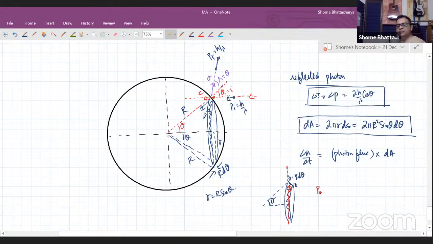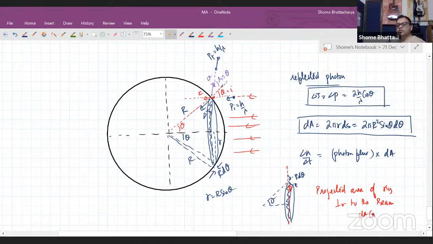So the projected area of the ring, that is, perpendicular to the incoming beam, will become dA cos θ. So that's why there will be this term of cos θ also.